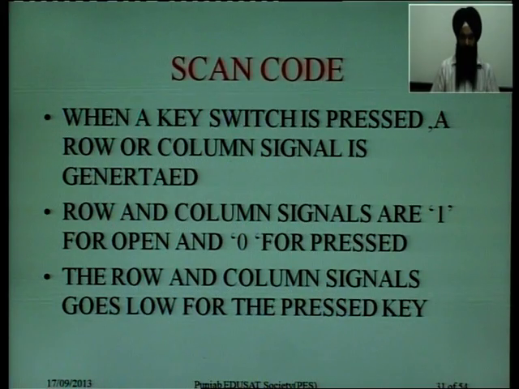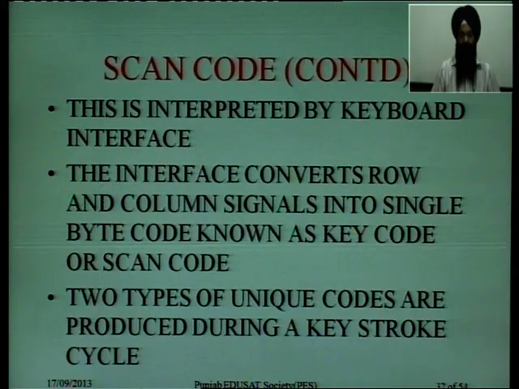When they are kept high for open and low for pressed, and both row and column signals go low for any key in the keyboard matrix, then the pressed key is detected or located.